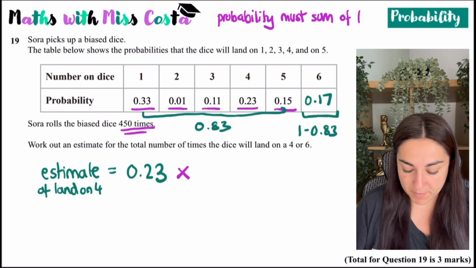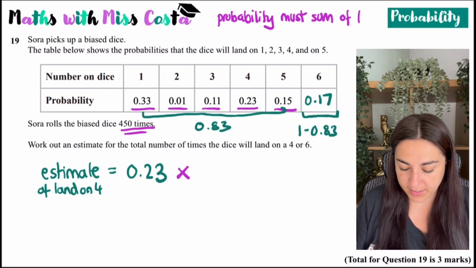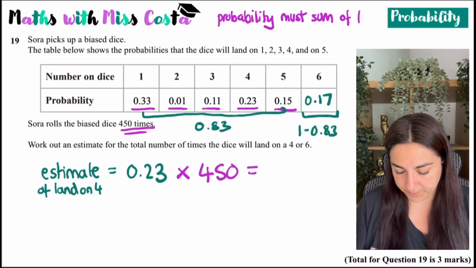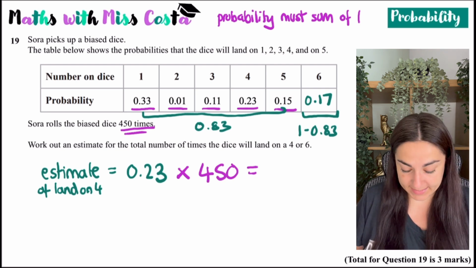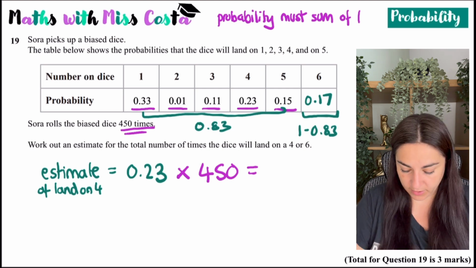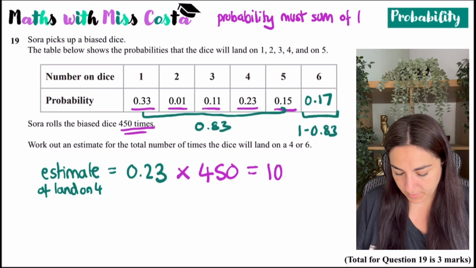And I multiply that by the number of trials, which is how many times Sora has thrown it. So that's times 450. So 0.23 times 450 is 103.5.